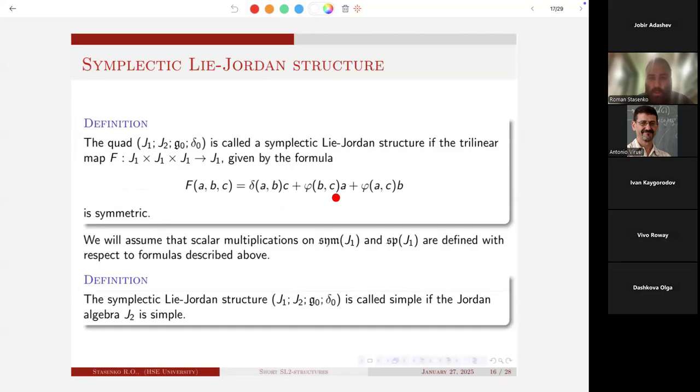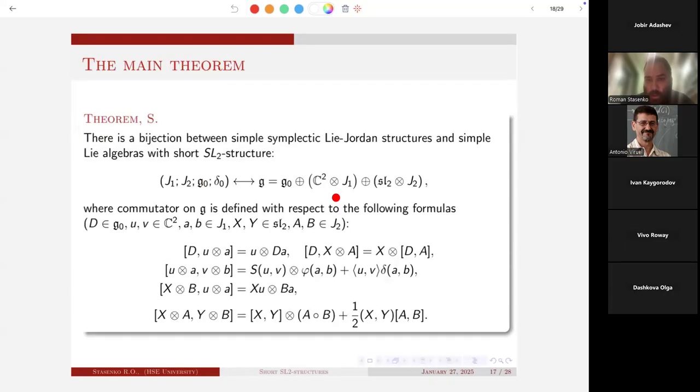We need such a delta 0. So the main reason why it is so is the Jacobi identity on the Lie algebra G, and to make it true, we need some special conditions on the four elements of our object. These conditions are on the previous slide and here.